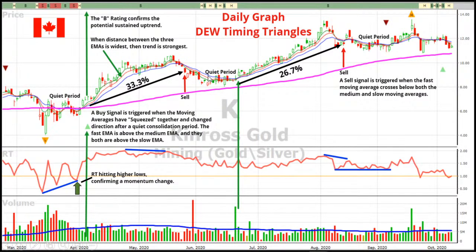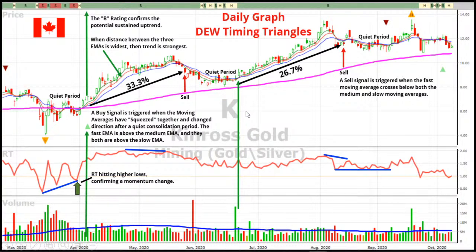You get that quiet period, the squeeze of the three moving averages. You're still in a DEW up situation too. You have to go all the way to September of 2020 to get that DEW down signal. Nevertheless, we're in that DEW up signal. Price above the 50 starts to change direction. The separation between those three moving averages gives us our signal.